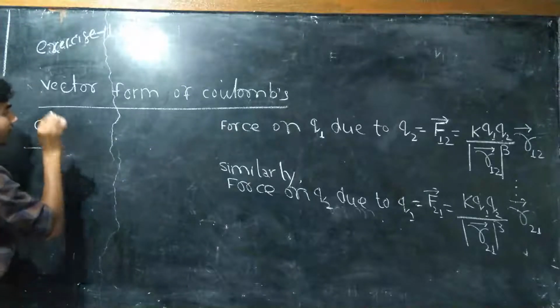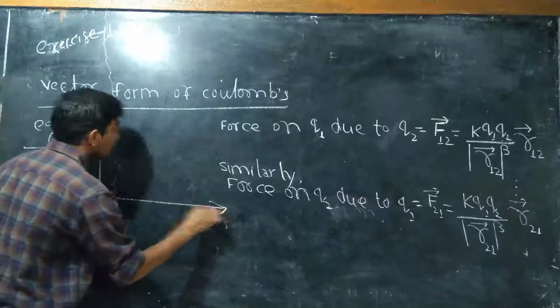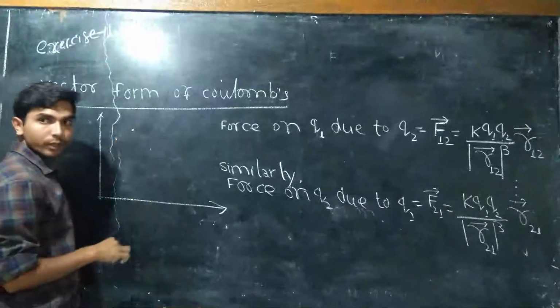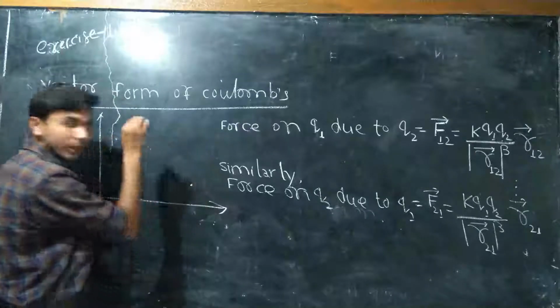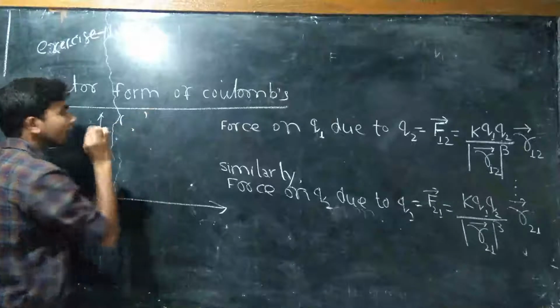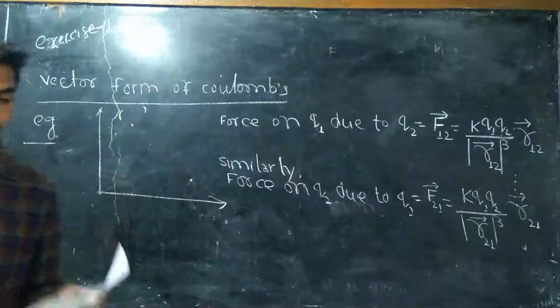Now see, suppose 2 points are given, right? This is one point, this is another point, right? And position vector, coordinates of both points are given, right?